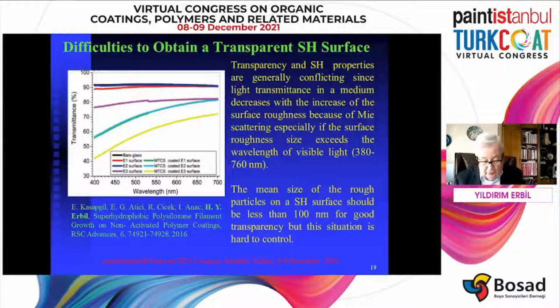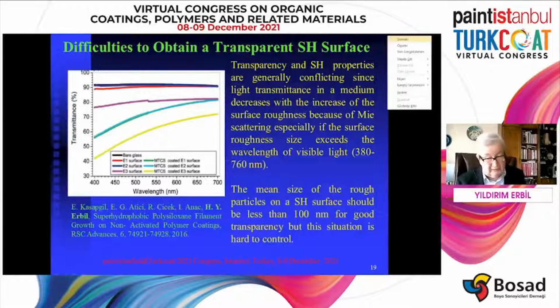So, in conclusion, a superhydrophobic coating becomes increasingly transparent when the mean size of the rough particles is less than 100 nanometers. But it is very hard to control such a size.